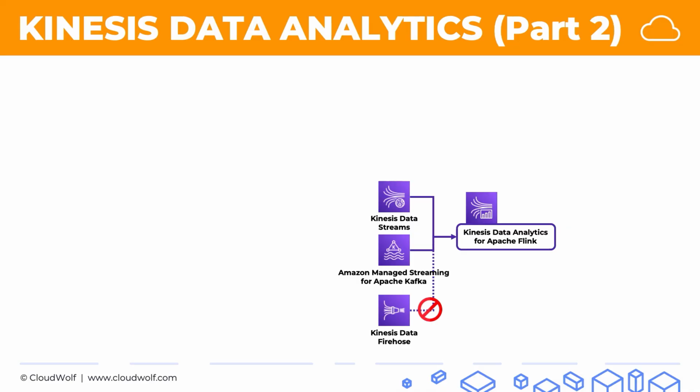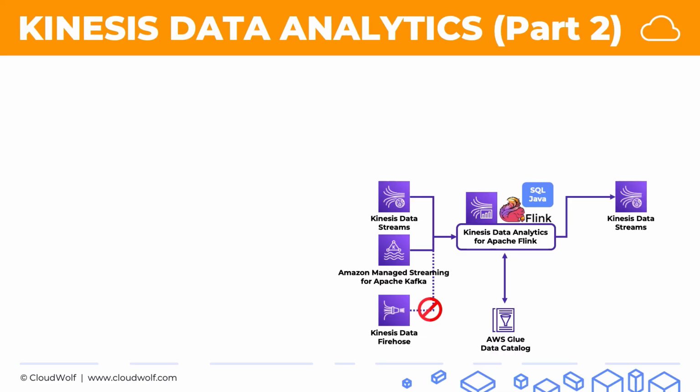Kinesis Data Analytics allows you to use Apache Flink to write code in either SQL or Java to process and analyze this data. You can link this up with an AWS Glue Data Catalog, which will effectively allow you not to have to decipher the metadata every single time, but otherwise keep a record of what the data means, and you can just reference it quickly every time.